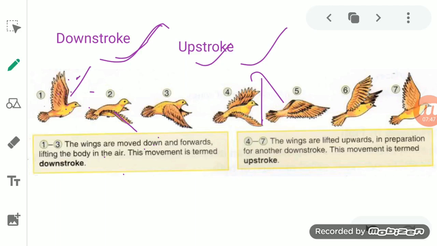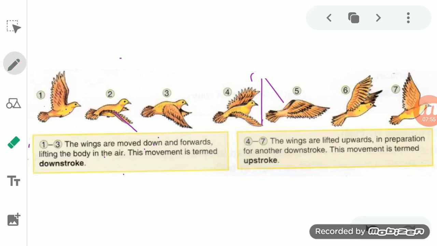Here one question is also there student, that while performing the downstroke movement, as you can see here, the bird used to have its wings in the upward direction, and it used to move its wings to the lower position, as it used to push the air in the downward direction, due to which it moves in the upward direction. What happened when the upstroke occurs?